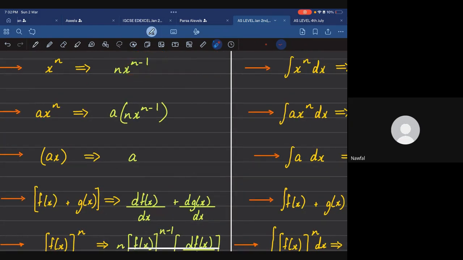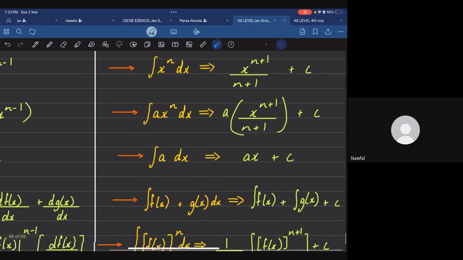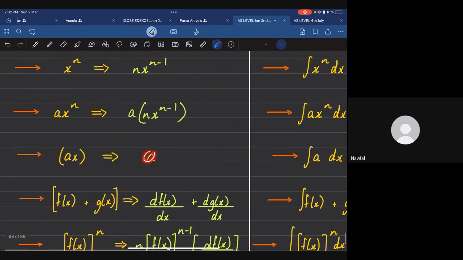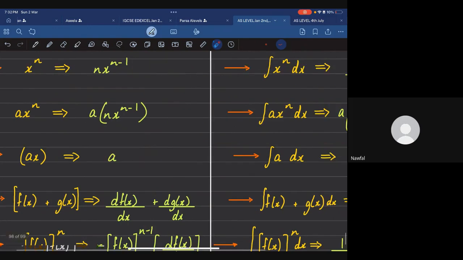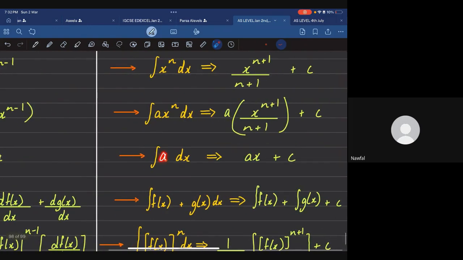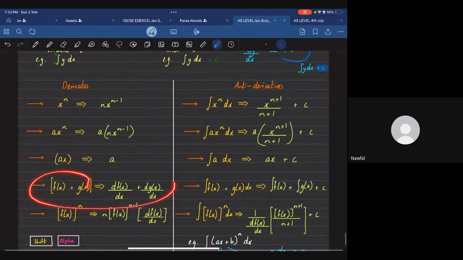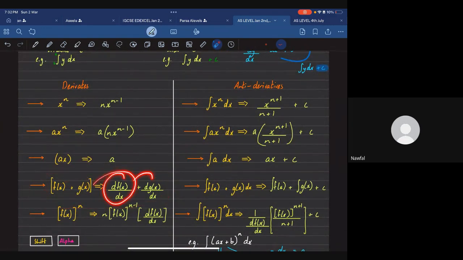Clear, Nofal? Yes. Similarly, if there's a constant term, it just carries along forward. Derivative of ax is equal to a. Derivative of a alone, a constant term, is x. Then, if two functions are derived, you do their derivations individually and then add them. Similarly, you do their integration individually and add them.